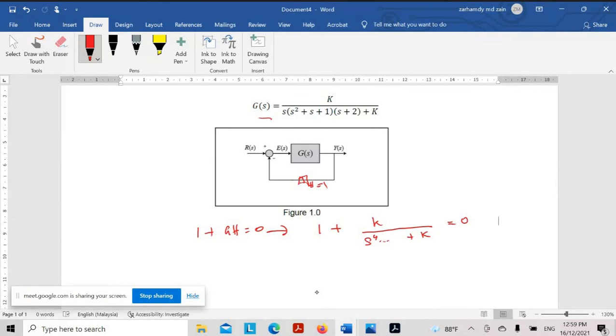Go to 1 plus G, then you will get S to the power of 4 and so on, plus K, equal to 0. So you will get 2K there. Okay, thank you. There was a miscalculation there. Okay.